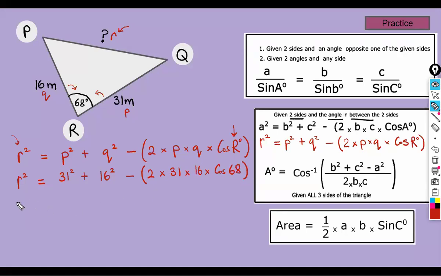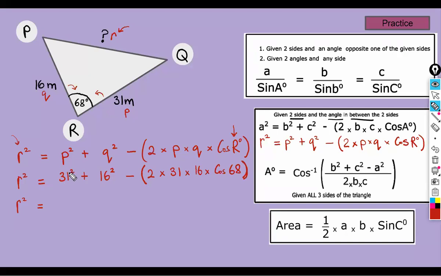Now, here's what I want everyone to do, and listen to the instructions properly. You can actually type this in straight on your calculator. Your calculator is going to do all the hard work. But when you're typing it in, please put the open brackets here and close brackets and then press equal.